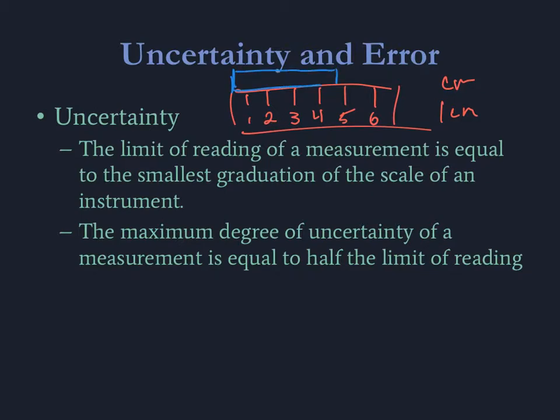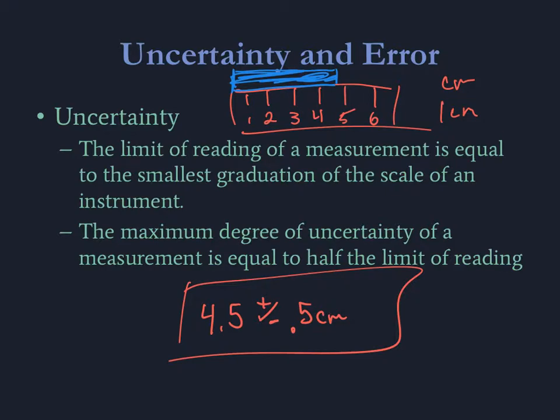if we measured our blue bar again here, that is 4.5, but it might be off a little bit. There's about a half centimeter uncertainty in there. So we say plus or minus 0.5 centimeters. So this is what our measurement should look like.